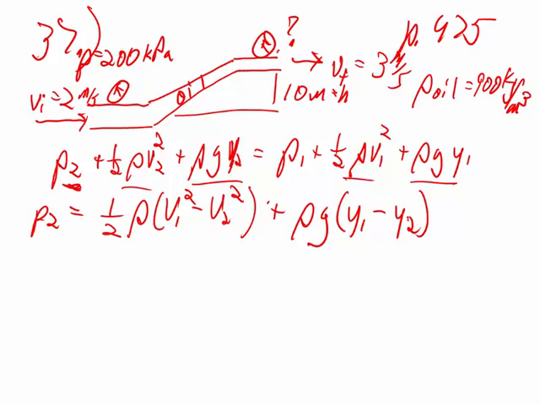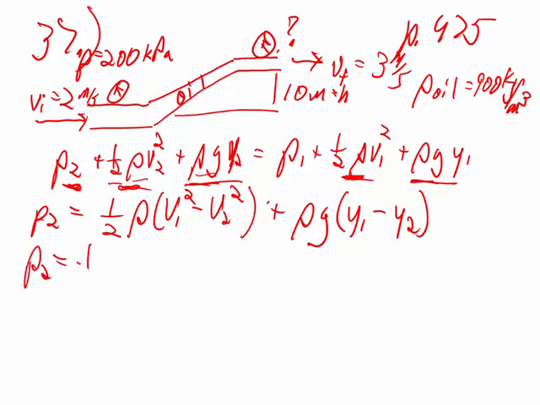So we can work that problem just like that. And you say, what did you do there? Well, we've got like terms here and here, and of course the 1/2, and the rho and rho g and rho g. I didn't mean to underline the Y2. Then work it like this and solve it for P2.